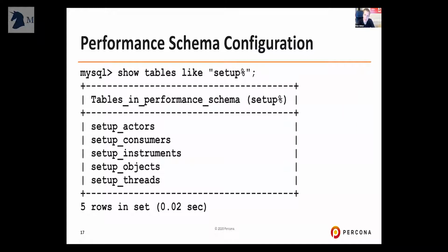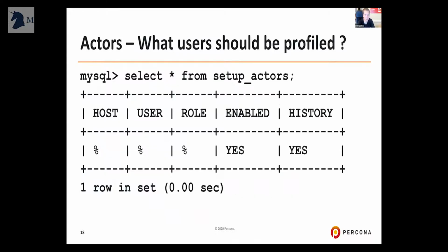Now, one thing about performance schema is it has a very powerful, though I would say maybe needlessly complicated, configuration. Its configuration is also stored in performance schema. And if you look at the configuration, we have 5 different tables which contain that configuration. For example, setup_actors tells us what kind of actors, in this case users, need to be profiled.